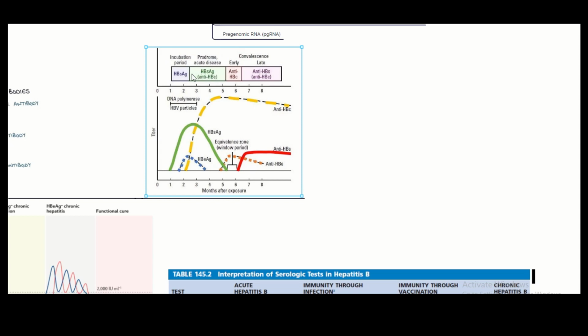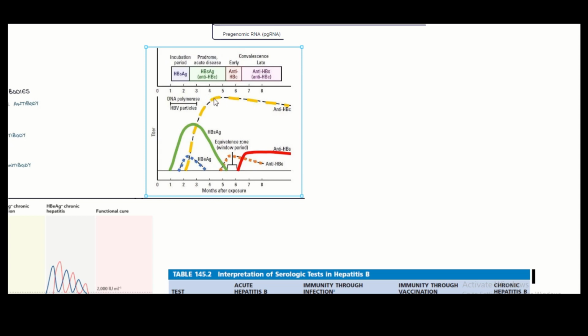This prodrome and acute disease have high HBs antigen and high DNA because we have active replication of the virus and active destruction of hepatocytes. During that time, and with the activation of the cellular immune system, we will have activation of the non-cellular immune system, the humoral system.